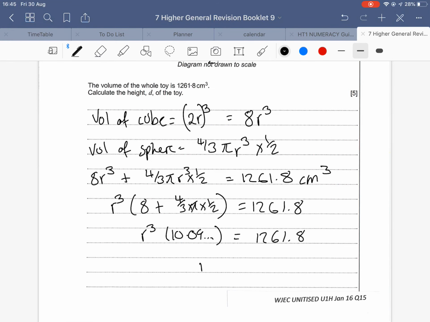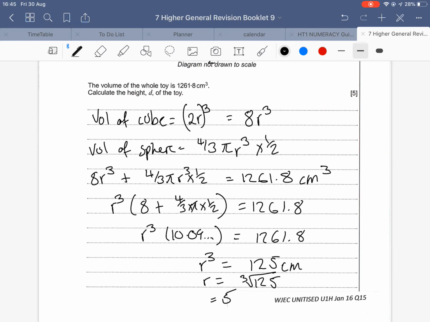Then we just divide that. So r cubed is 1261.8 divided by that. I'm just going to keep it in my calculator so I'm more accurate. It gives 125.00000606, so I'm just going to say 125. So to find r, we're going to cube root it. You should know what the cube root of 125 is. It's just 5. It's 5 times 5 times 5.